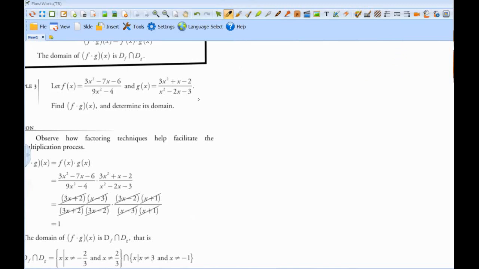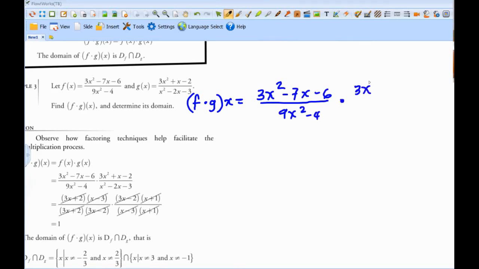So f times g of x, you multiply. So 3x squared minus 7x minus 6 all over 9x squared minus 4 times 3x squared plus x minus 2 all over x squared minus 2x.